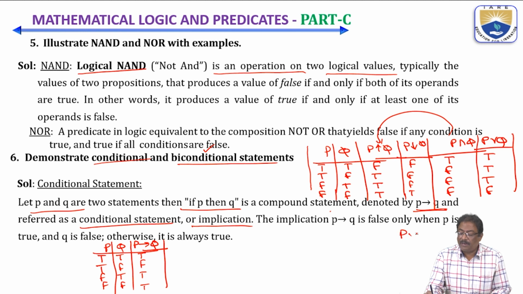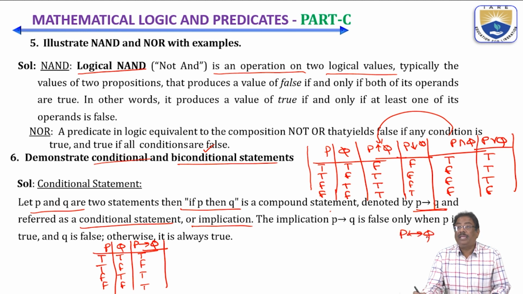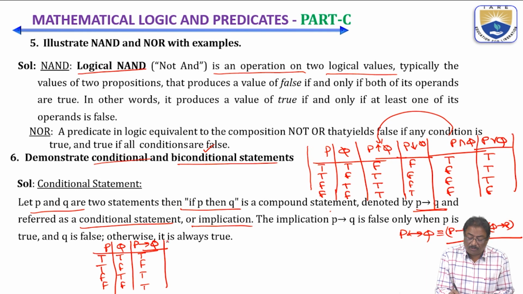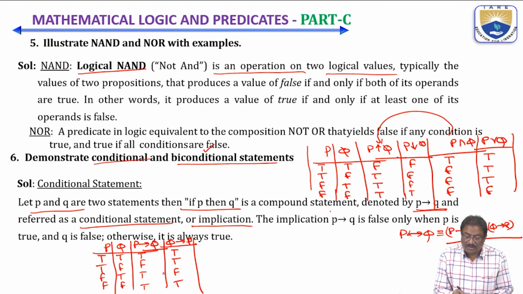So the biconditional statement is denoted with this P biconditional Q, which is equivalent to if P then Q and if Q then P. Suppose I am taking if Q then P, I am going to calculate from this. So it will be true, then true, then false, then true.